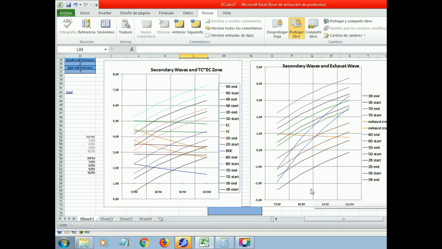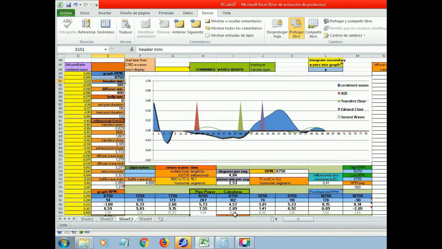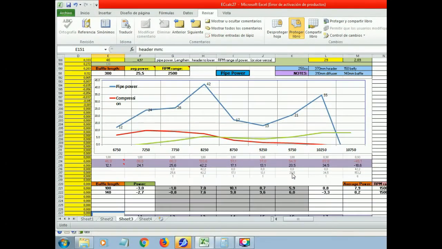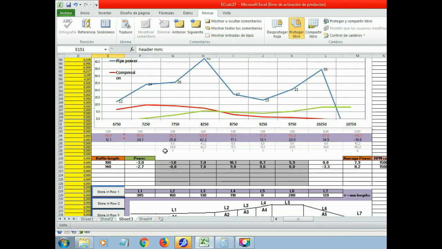So let's see what would happen if, wait. I'm going to go back to sheet 3. I'm going to take note of the power. I'm going to cause these horsepower numbers to be entered right here. I'm going to store it in row 1.